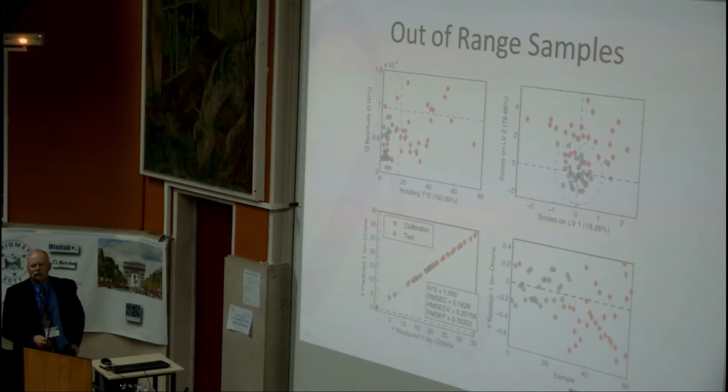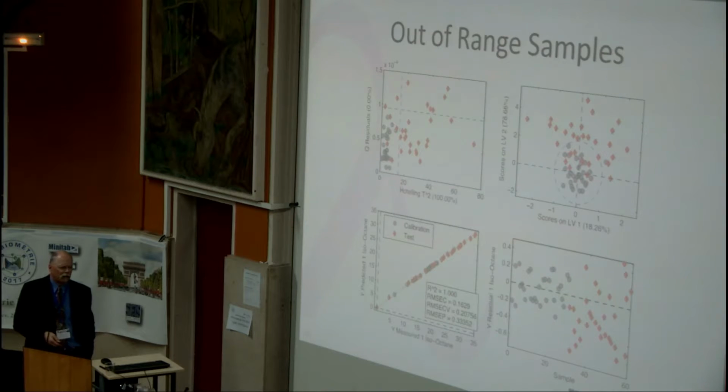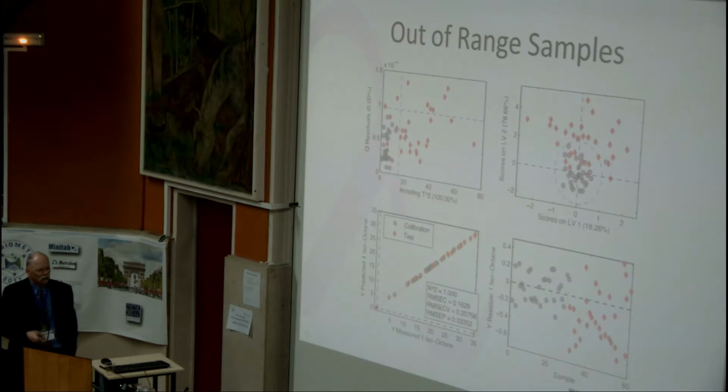If you get out of range samples, so concentrations that are too high or too low, beyond the range of your calibration model, then usually your plots are going to look something like this. You'll get high T squared values, perhaps modestly higher Q values, but you usually will see that on one or more of your scores plots where your samples are out of bounds.